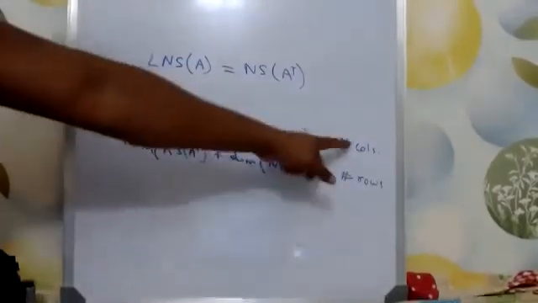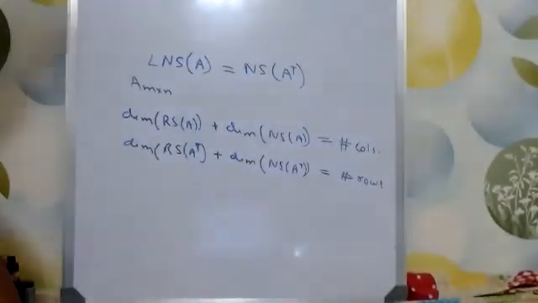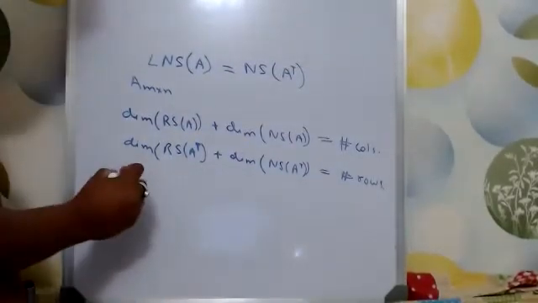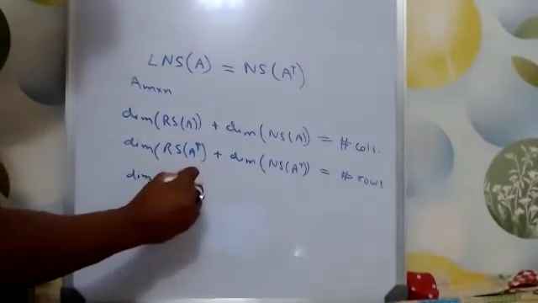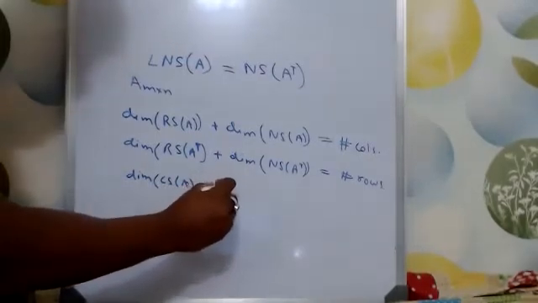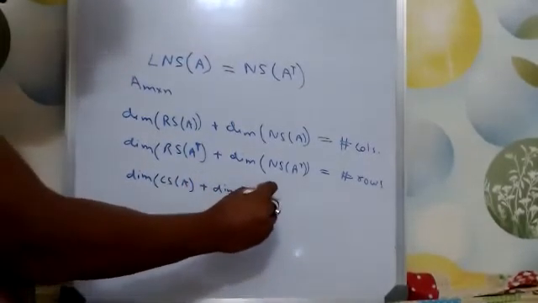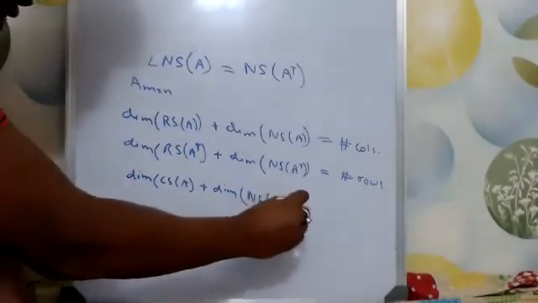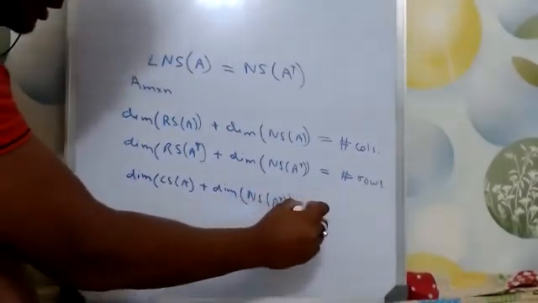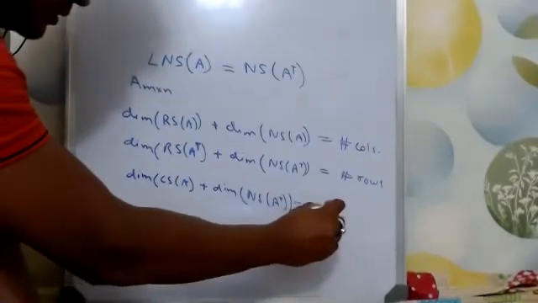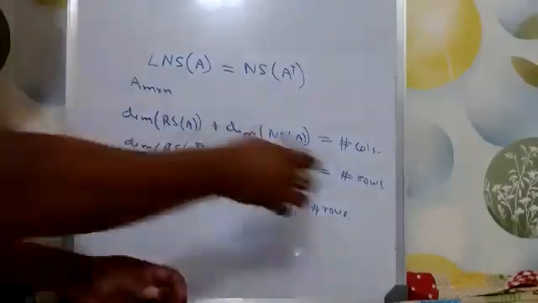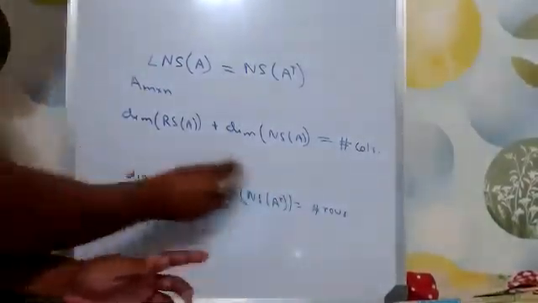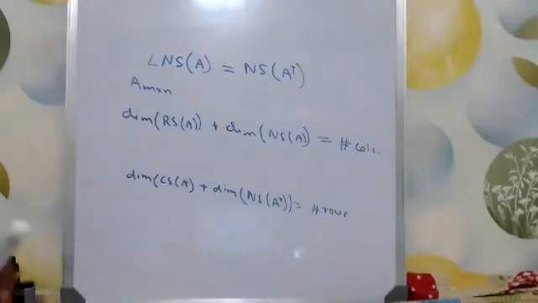So columns become rows. Or we can say the dimension of the column space of A plus the dimension of the null space of A transpose is equal to the number of rows. Okay. So these two are the important relationships you have to remember.